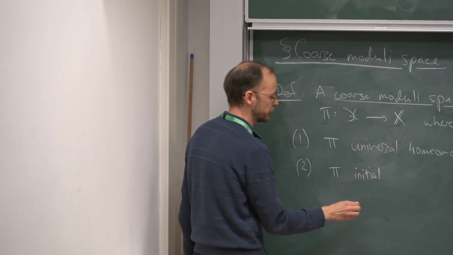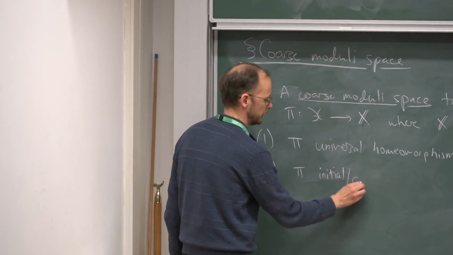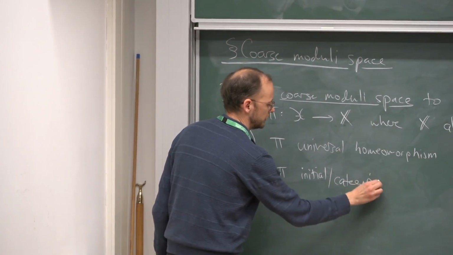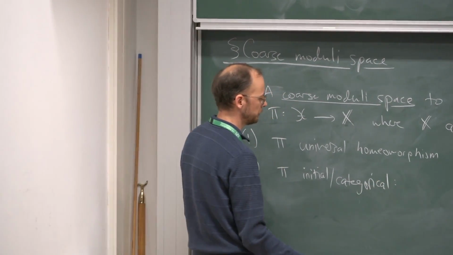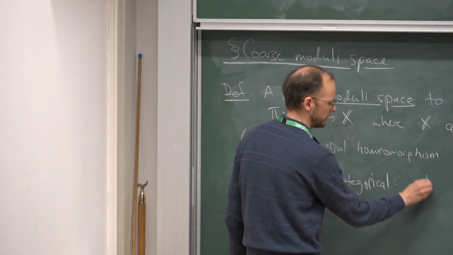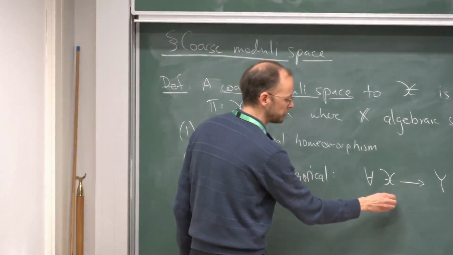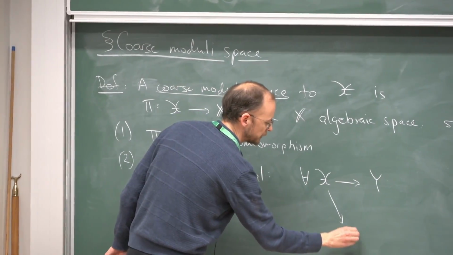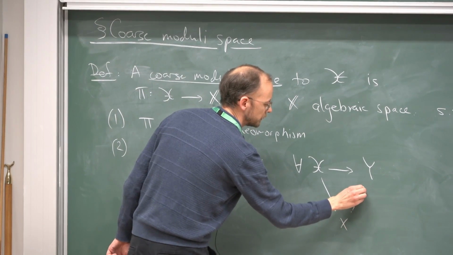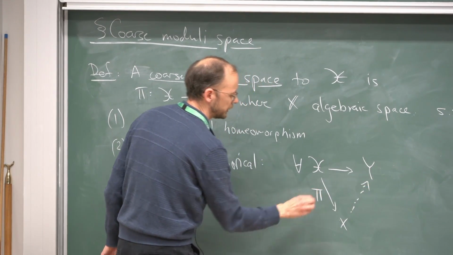So a categorical quotient. What I mean by this is that any other map from the stack to a scheme or an algebraic space, I want it to factor through this pi.